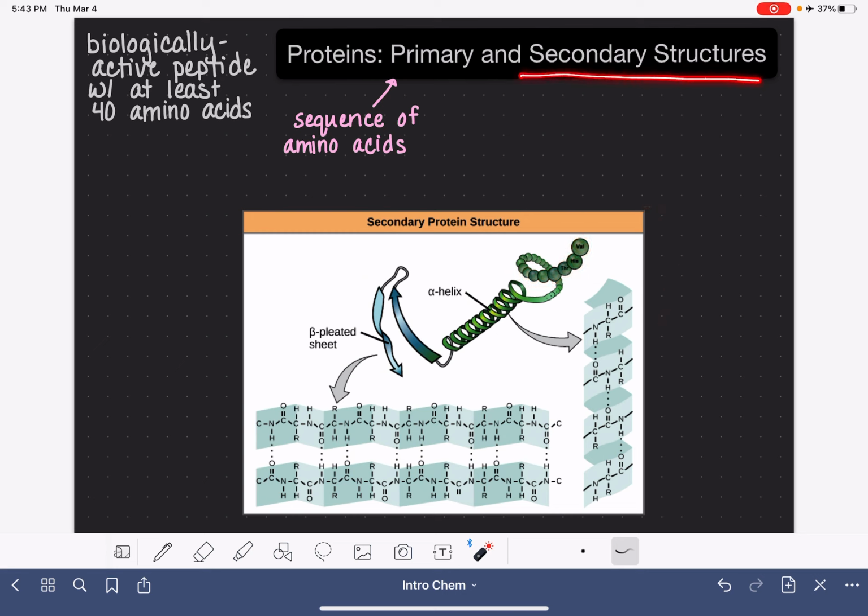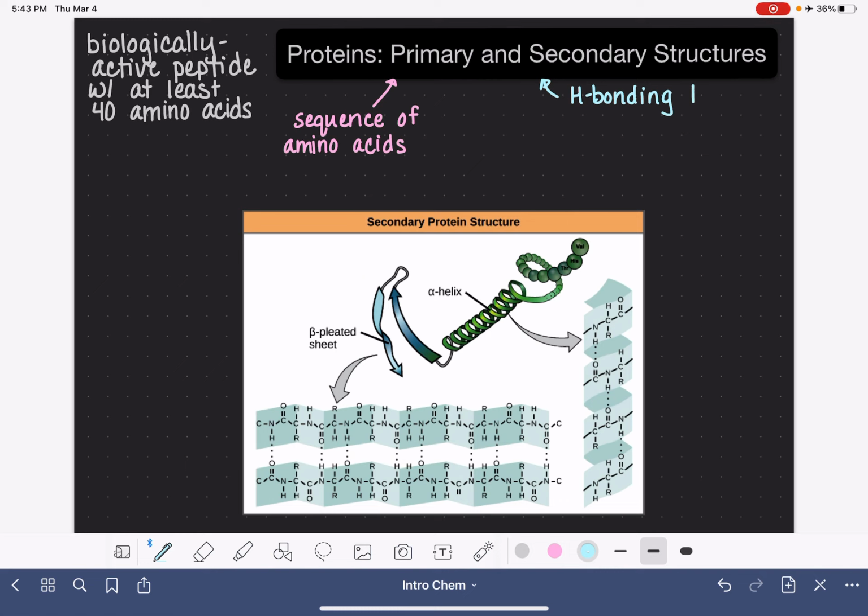The secondary structure of a protein is more complicated. The secondary structure arises due to hydrogen bonding between 2 amino acids in the primary structure.